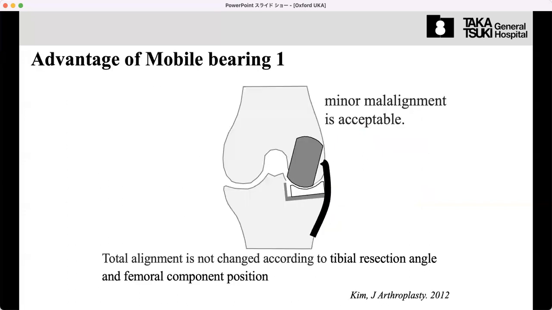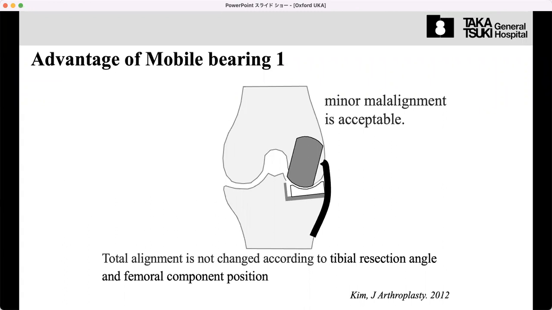This is the advantage of mobile bearings: minor malalignment is acceptable. If the femoral component and tibial component are implanted in slightly varus or valgus, a wide contact area can be maintained.